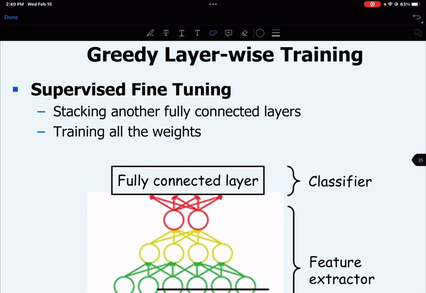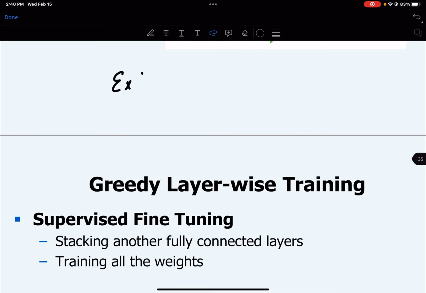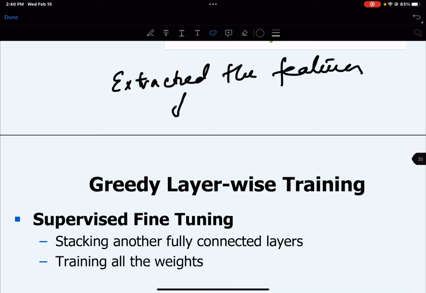So when we are done and we have extracted the features, feature extraction is done, extracted the features by pre-training.